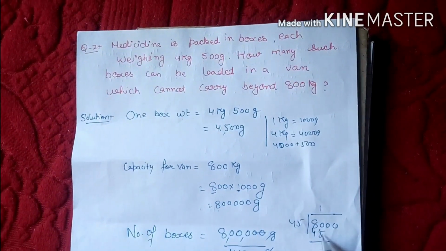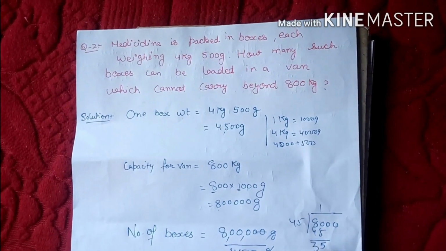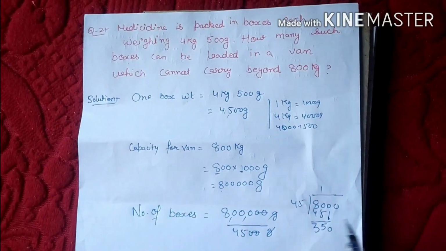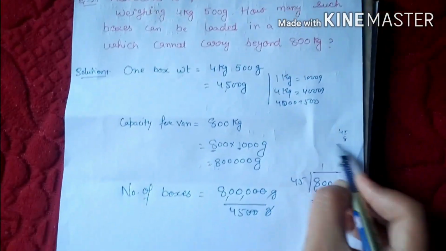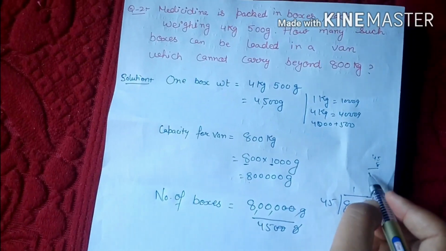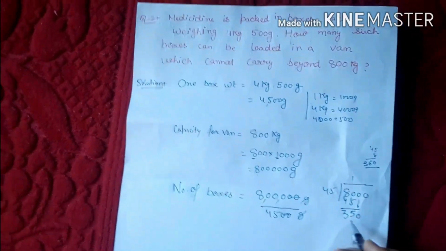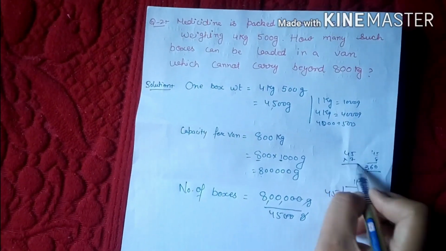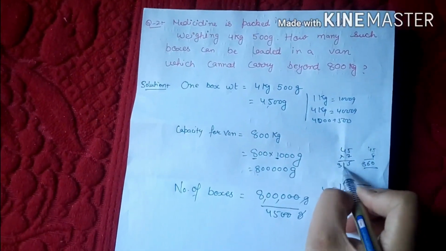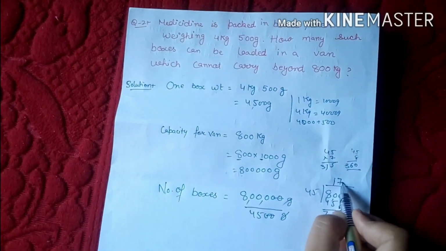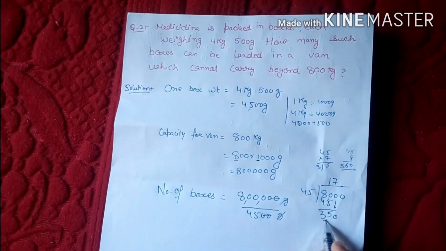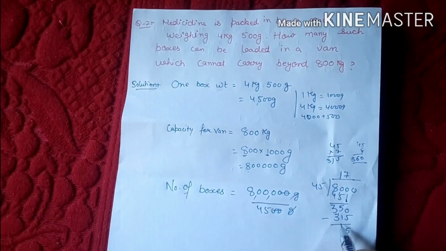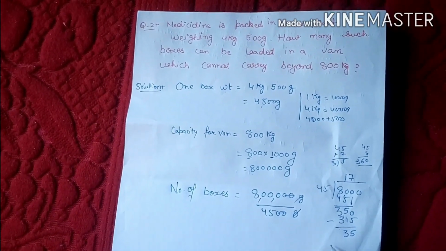After doing subtraction, 10 minus 5 is 5, 7 minus 4 is 3, and bringing down 0 there would be 350. For 350, 45 eights are 360. It is greater than 350, so it will go with 7. 45 sevens are 315. Now we'll do subtraction. 10 minus 5 is 5, 4 minus 1 is 3, and 3 minus 3 is 0.